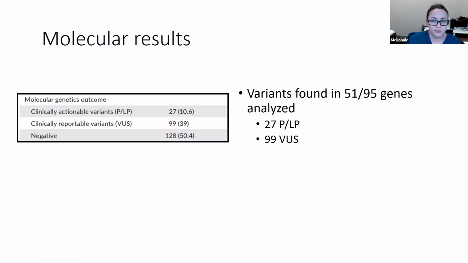So overall, the molecular results, they did find variants in 51 out of the 95 genes they analyzed. 27 cases were pathogenic or likely pathogenic variants, and 99 were variants of uncertain significance, and 128 cases were negative.